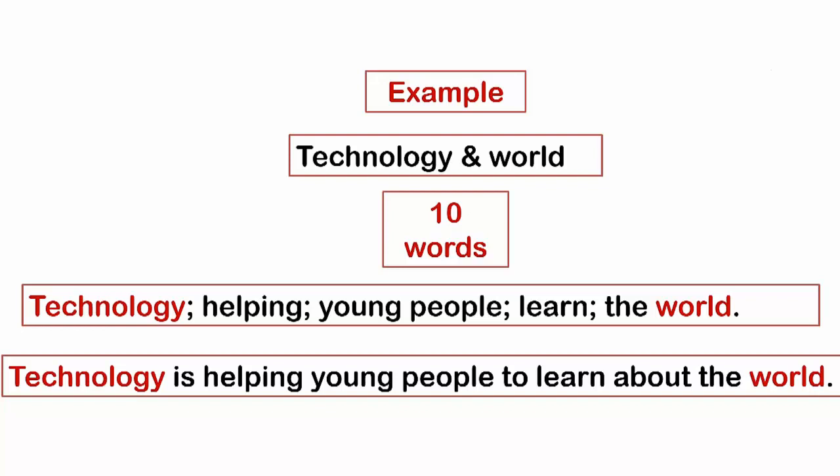And here you can see there are 3 parts that you need to write down. First, you have technology and world, the first and last words. Then you have how many words in the sentence. And finally, either the whole sentence if you're able, or if not, just the key clauses, the key parts of the sentence. Okay, so sentence number 1.